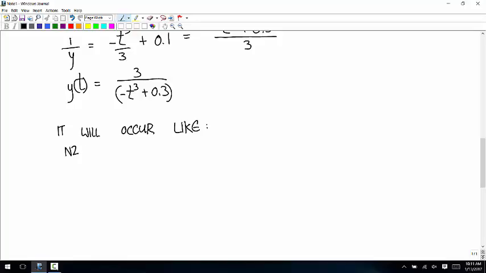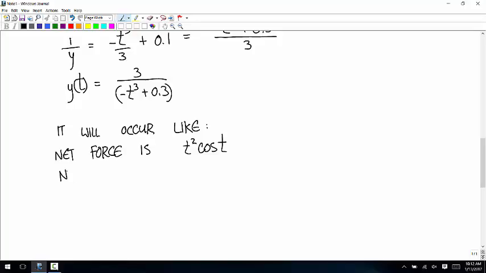So let's say Newton's second law says that the net force on an object is t squared cosine of t.